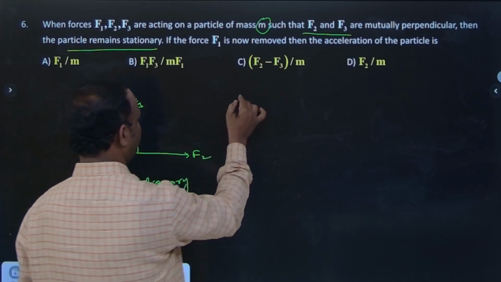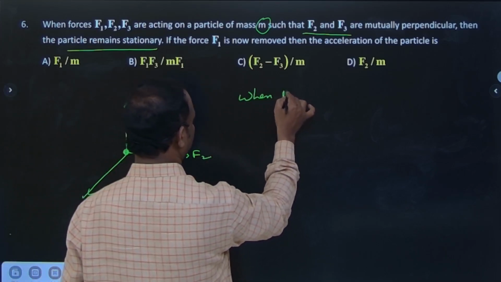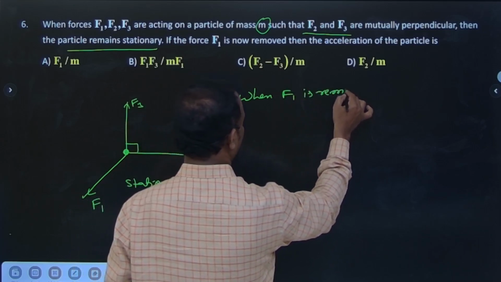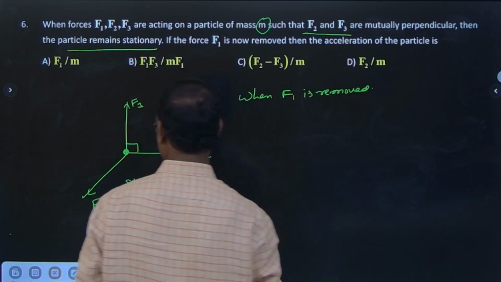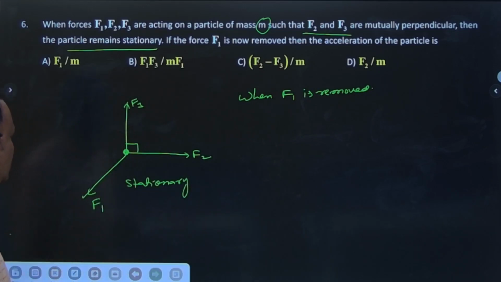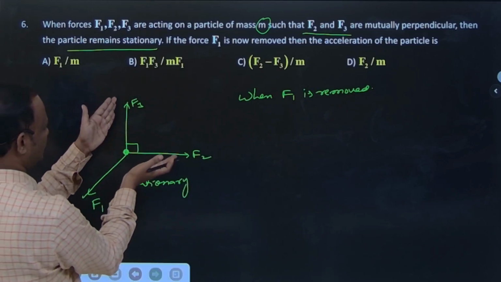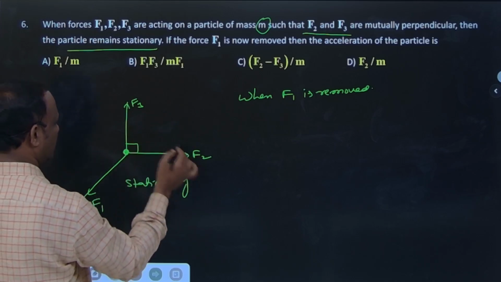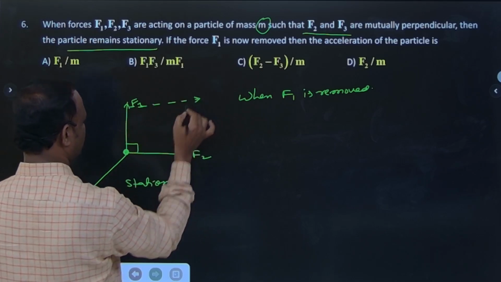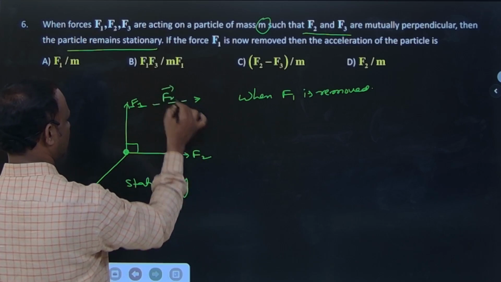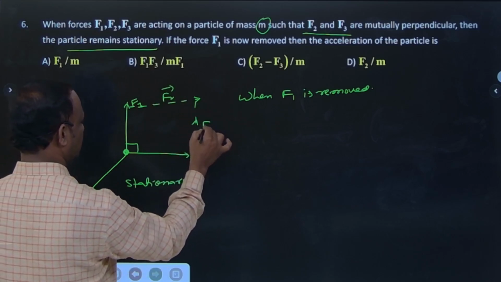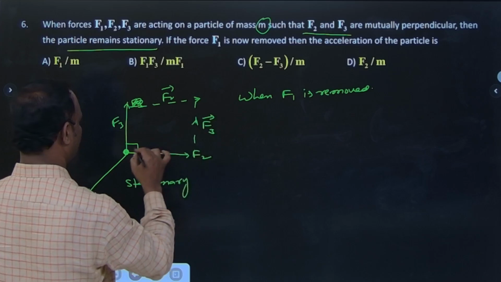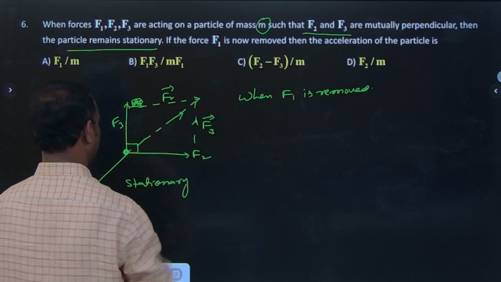So when F1 is removed, first of all you should know how it is stationary. The resultant of F2 and F3 is balanced by F1. This is F2 bar, this is F3 bar, and this is the resultant.